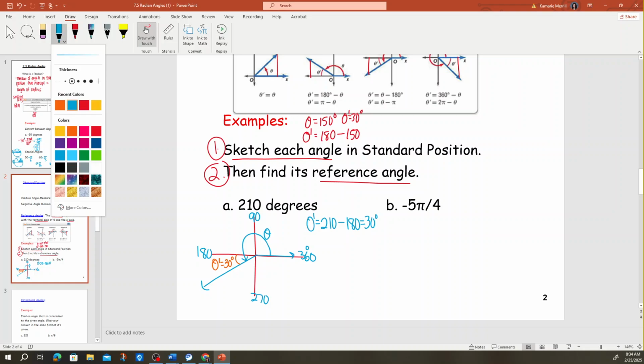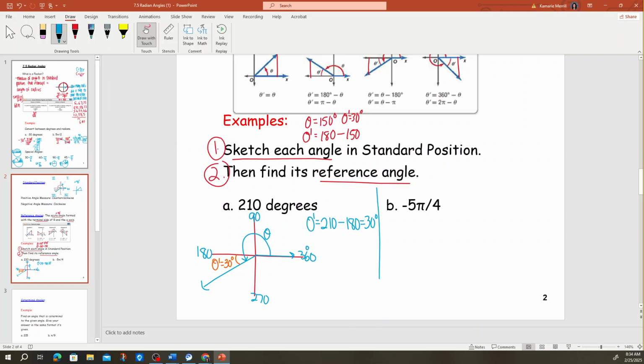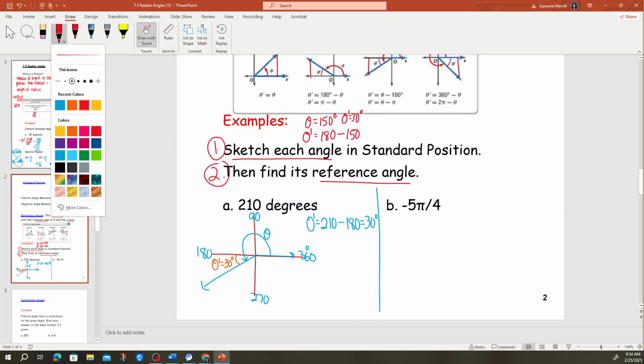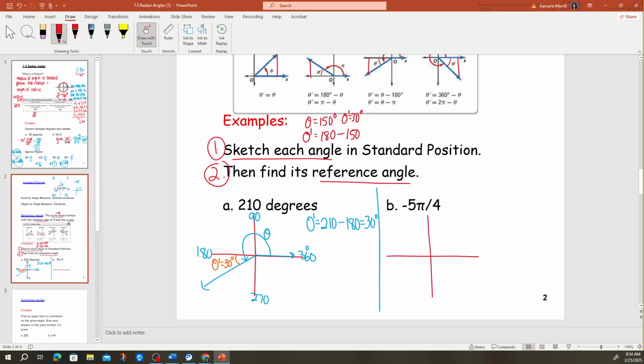How many people think they would rather convert their radians to degrees? That's fine with me, but make sure you report your theta back in radians. That's expected of you. I feel like that's the longer route, but you are welcome to convert.